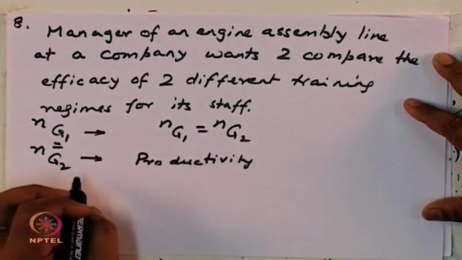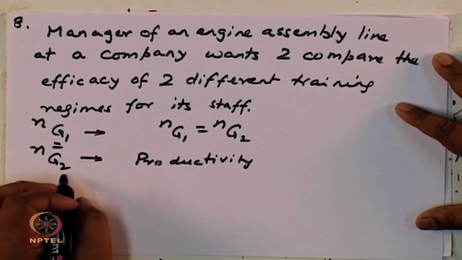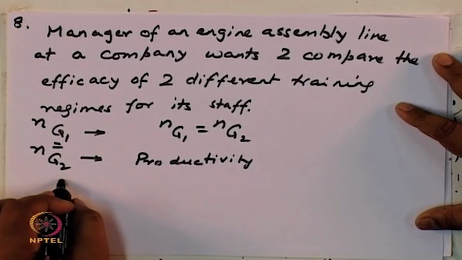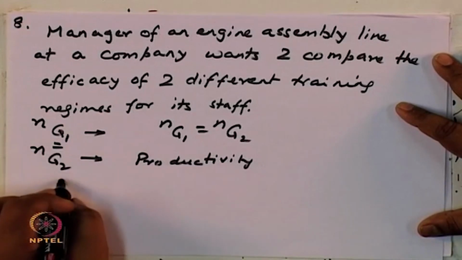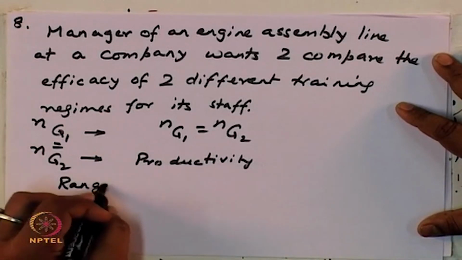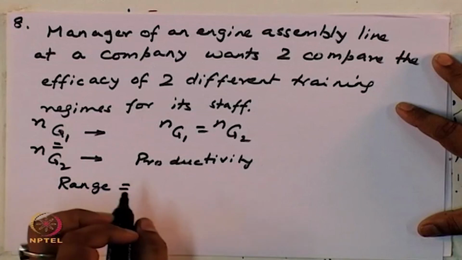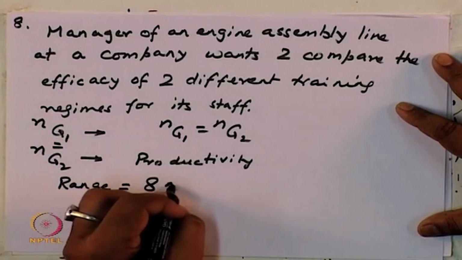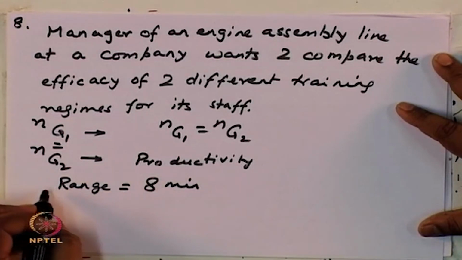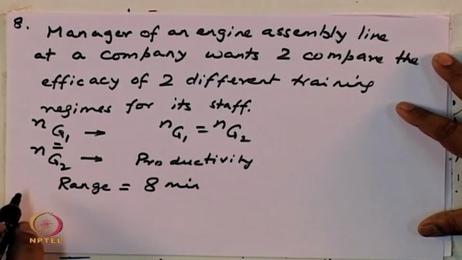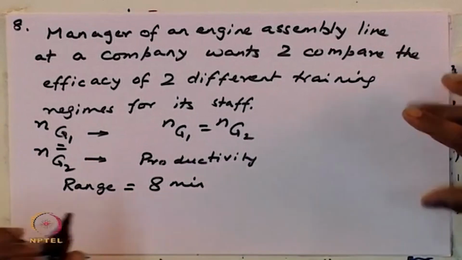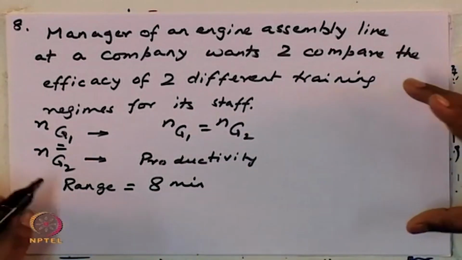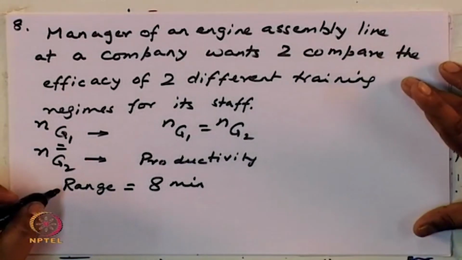And the productivity, what you are given is the difference, so the estimate. So, both these groups, if you are given the range of productivity for both these groups, it is roughly 8 minutes, which means between the minimum and the maximum time to perform a task, it takes 8 minutes.